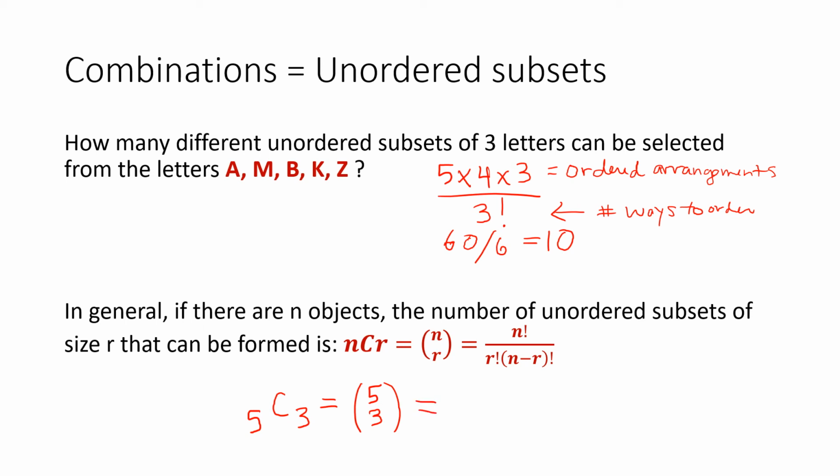This is going to be equal to n factorial, here that's 5 factorial, divided by r factorial, that's 3 factorial, times (5 minus 3) factorial, which gives us 5 factorial divided by 3 factorial times 2 factorial. And that again is going to give us 10.